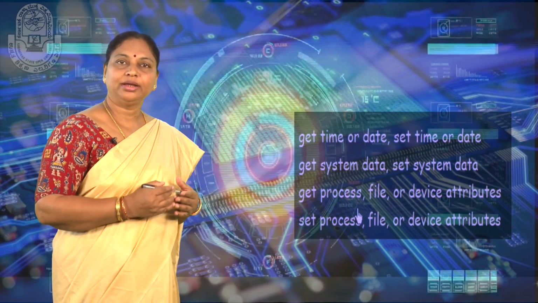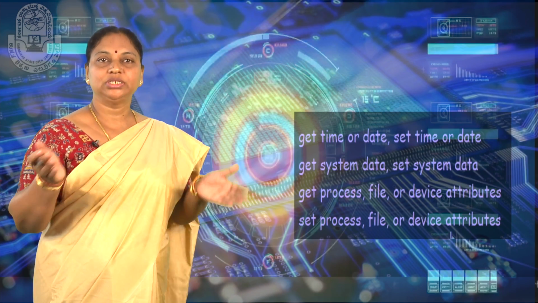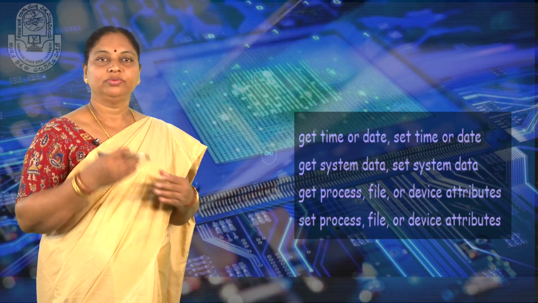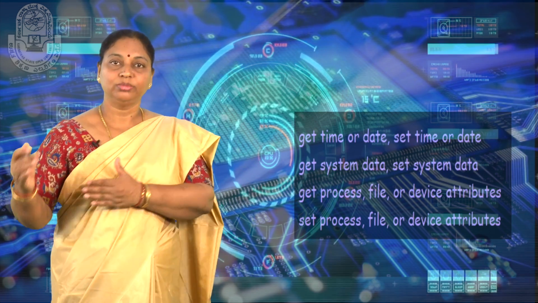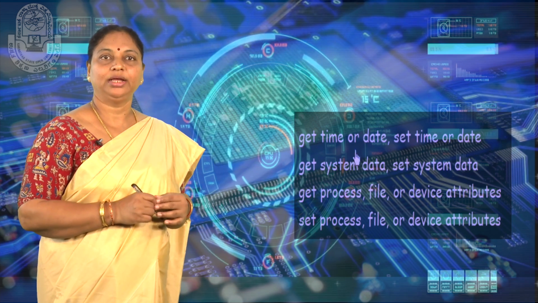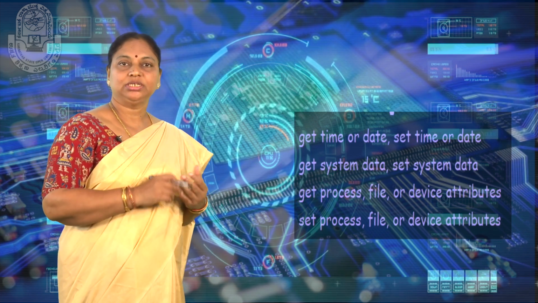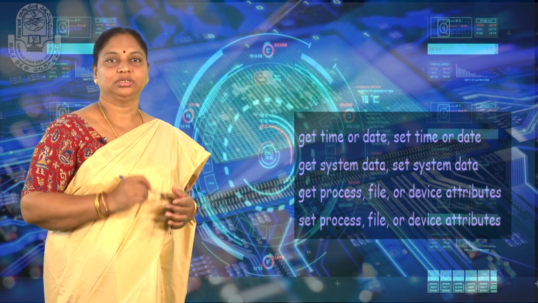Here the operating system keeps track of the information about all the processes which have entered the system, which are ready in the queue for execution, which are executing in the system, and how many processes have been terminated. All those are kept track of by the get process attributes and set process attributes system calls.